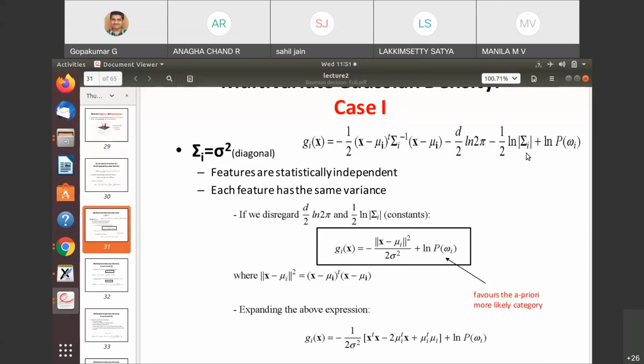So we can ignore these terms, and we can have g of x defined like this.